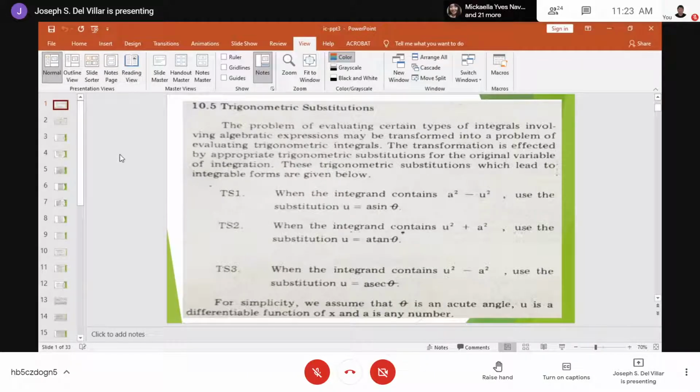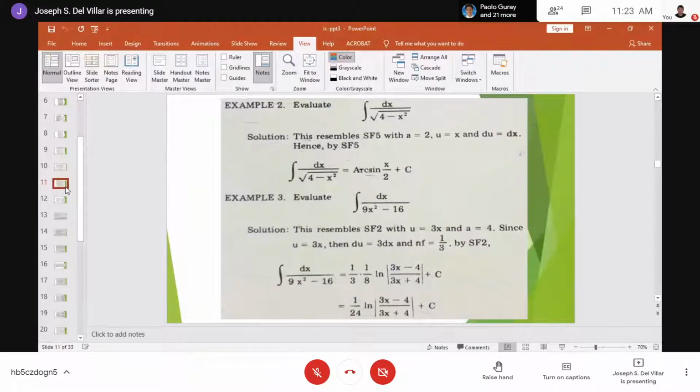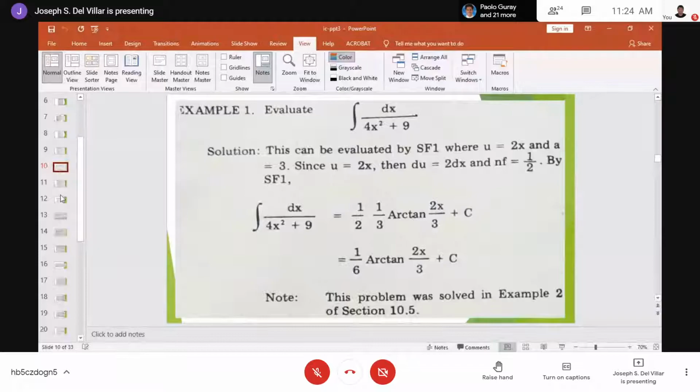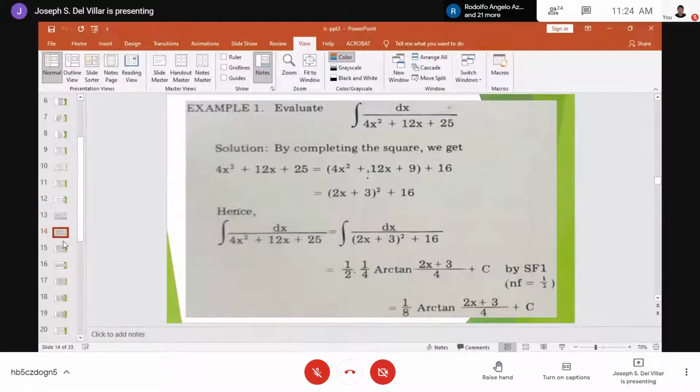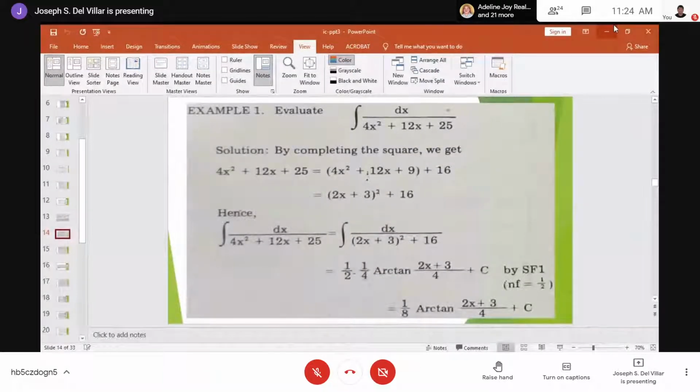Ito, no? Yung let u be equal to a tangent theta. Okay, so let u, kung gagamitin nyo yung substitution, ano yung u? 2x plus 3, di ba?